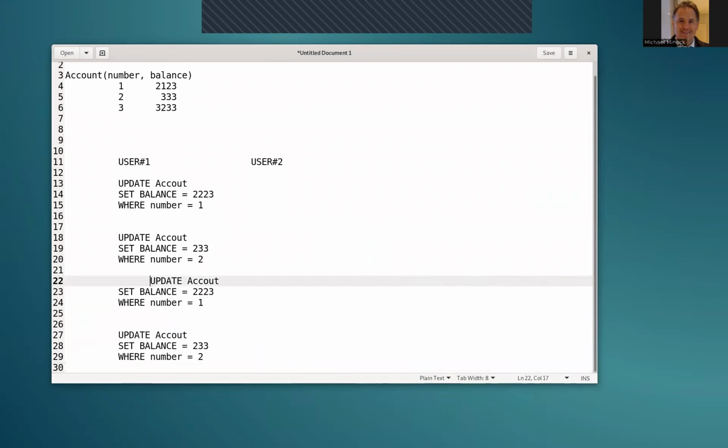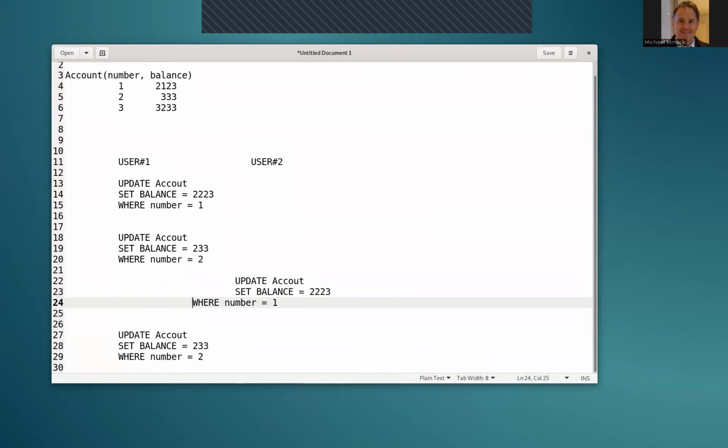Update account balance. Account number 1, they're going to update that balance. They're going to update account number 3 to balance 3222, and then they're going to update the account balance.